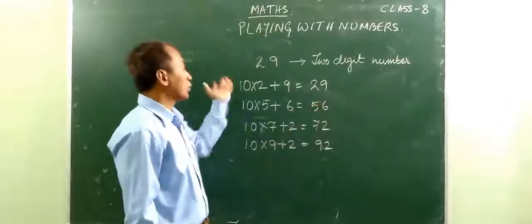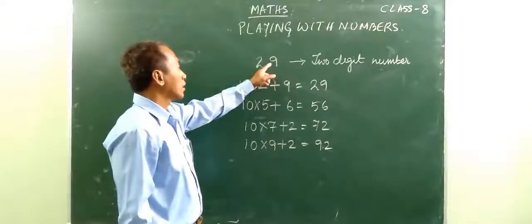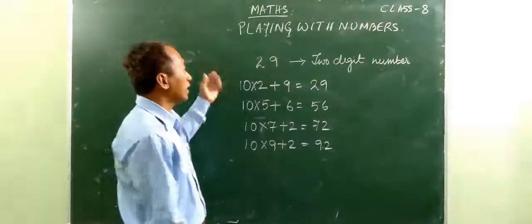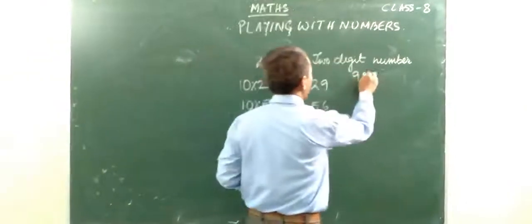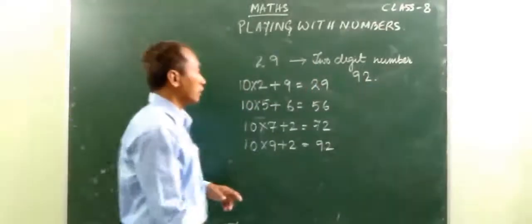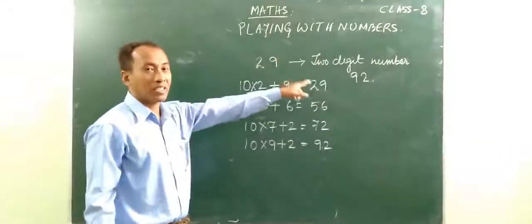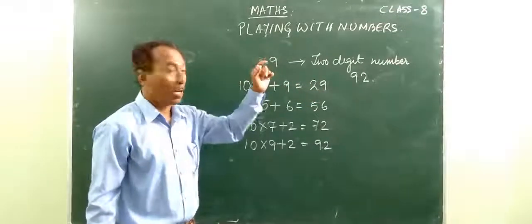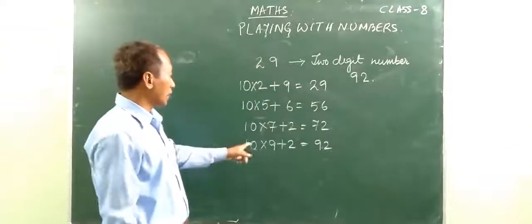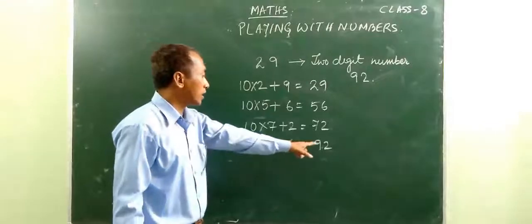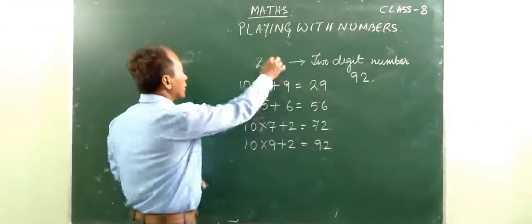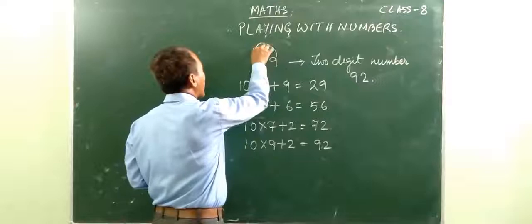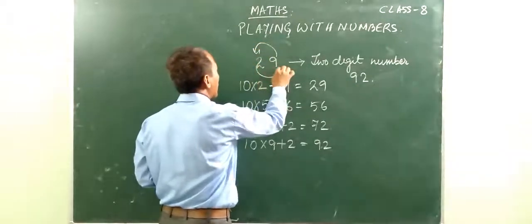How to reverse a 2-digit number? 29, how to reverse 29? The reverse of 29 is 92. How do we get 92? 10 into 9 plus 2 is 92. That means the unit place will go to the tens place and the tens place will come to the unit place.